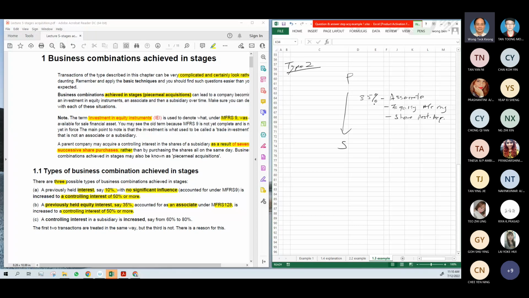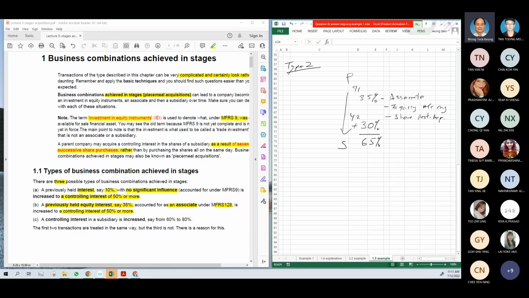If you do understand this, now it becomes complicated. Now the basics. What happens is now you buy another 30% in stage 2. Let's say year 1, year 2, you buy 30% here, now you have 65%.